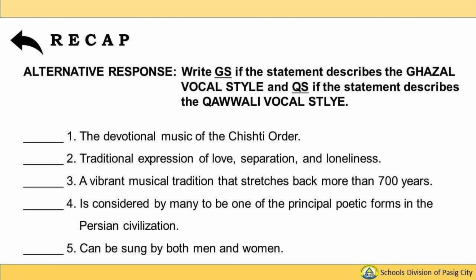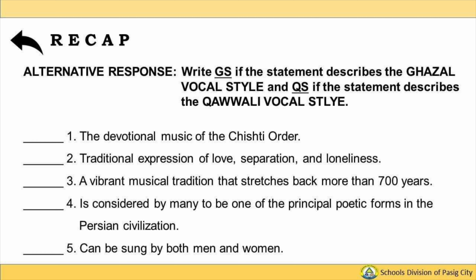Directions: write GS if the statement describes the ghazal vocal style, and QS if the statement describes the qawwali vocal style. Number 1. The devotional music of the Chishti order. Number 2. Traditional expression of love, separation, and loneliness. Number 3. A vibrant musical tradition that stretches back more than 700 years.